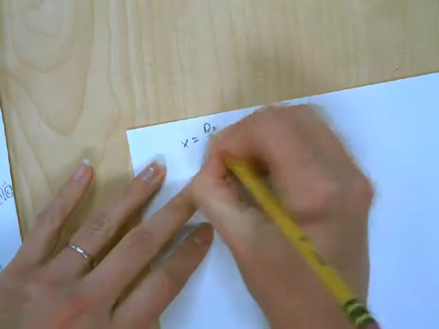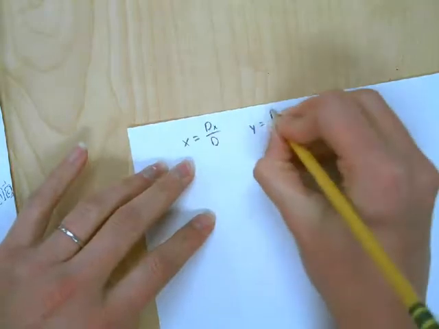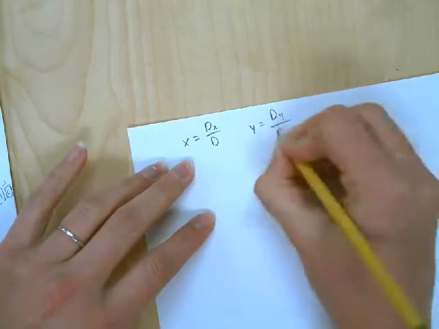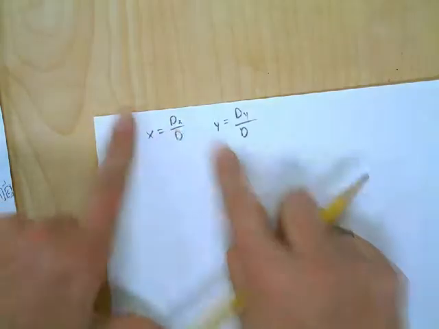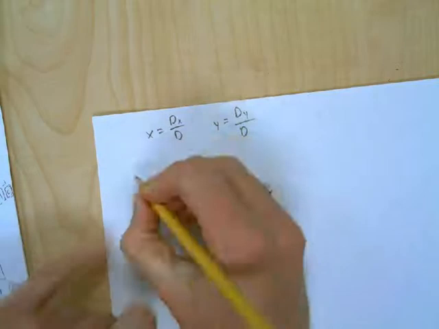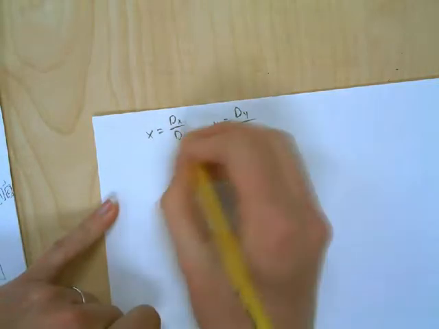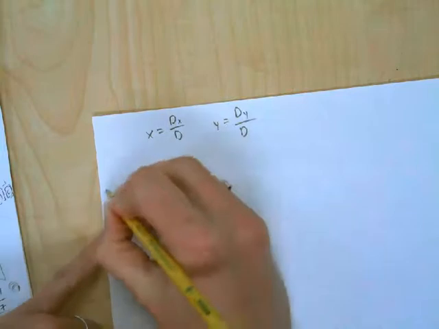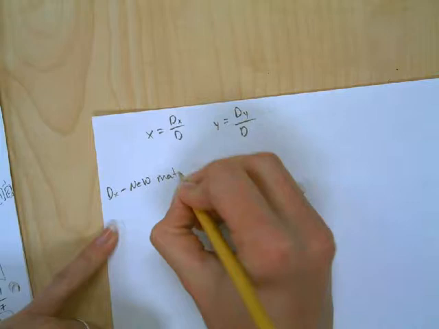Okay, and to get the determinant of x, you need to make a new matrix, where you replace the x column. You're going to make a new matrix with the x column replaced with the equal.